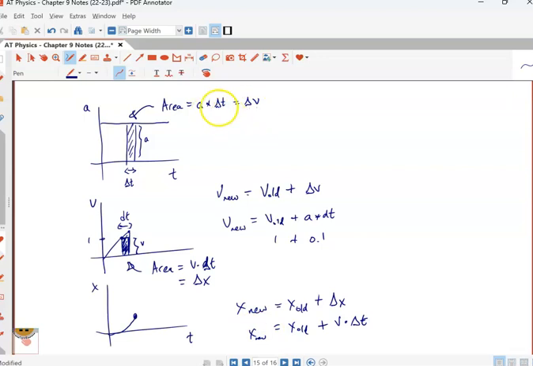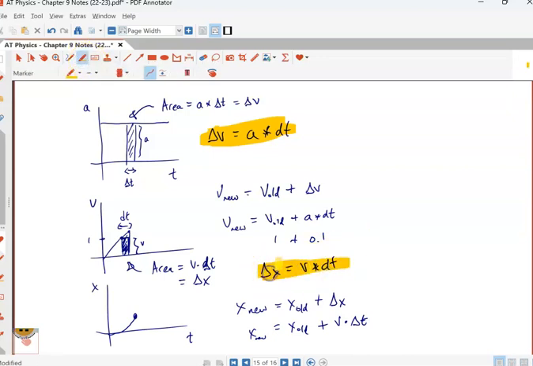We don't use delta t, we call it dt. So delta v is equal to a times dt. That's the key thing you need to remember. And then delta x would be equal to v times dt, and that would tell you the change in x.